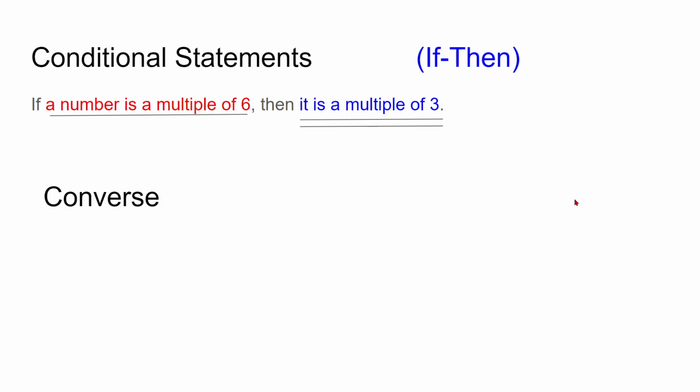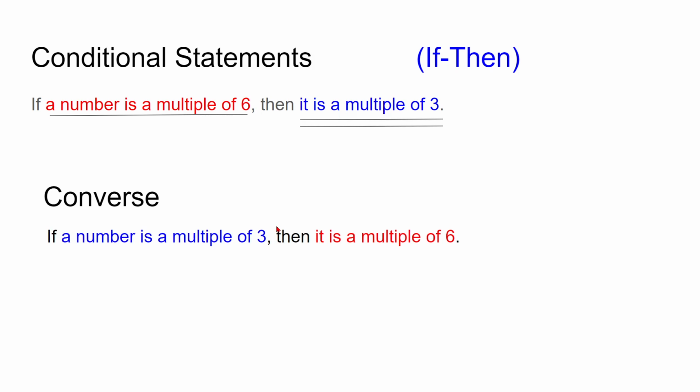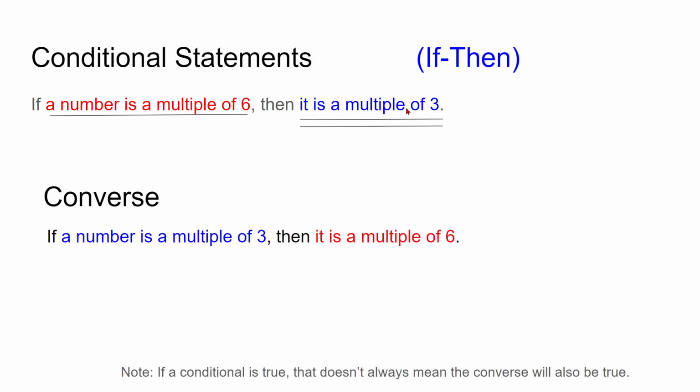So if you wrote the converse, you started with a number being multiplied by 3 in the beginning. So if a number is a multiple of 3, that's in the beginning. And then the second part is your conclusion. It came from over here. A number is a multiple of 6. A number, we're talking about it, is a multiple of 6.